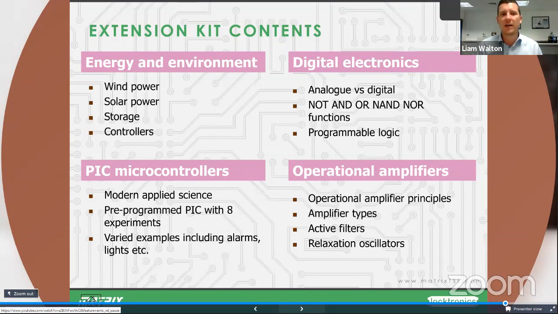The extension kit allows for study of PIC microcontrollers, as a pre-programmed PIC device can be utilized. And then we have the operational amplifiers strand to this as well: different amplifier types, active filters, relaxation oscillators, and so on.